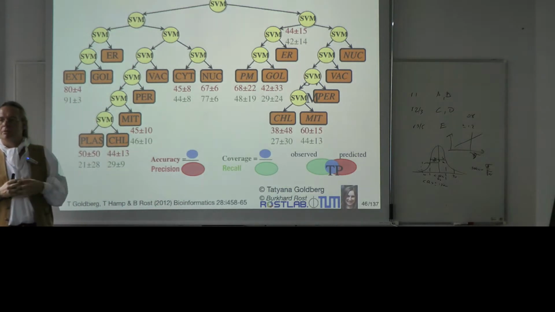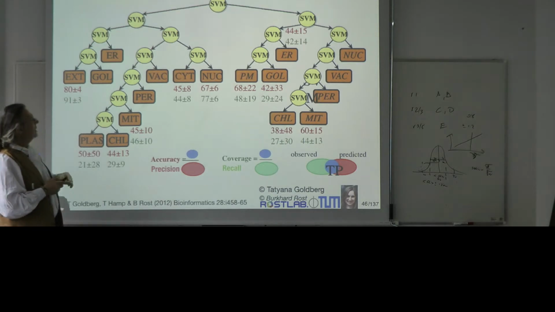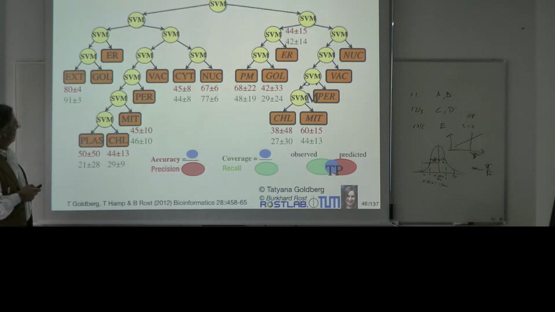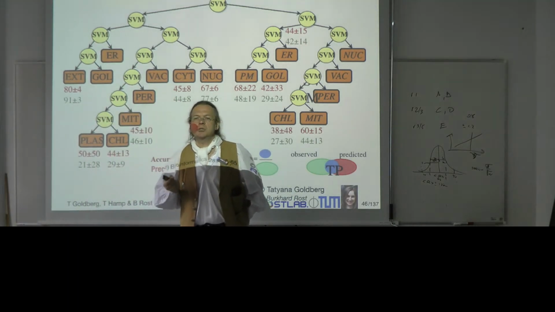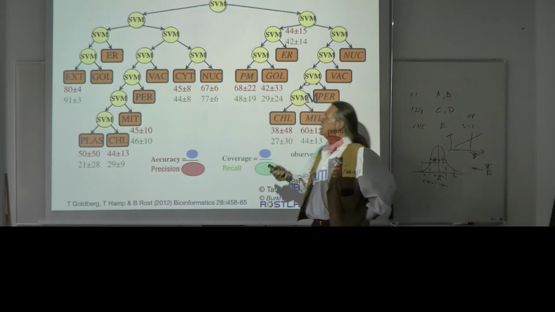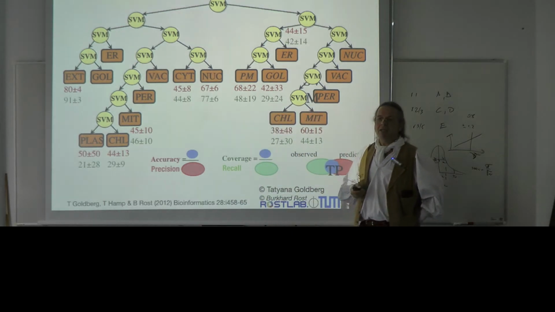And there's another issue. The other issue, best illustrated ultimately here, is Golgi versus ER. What happens here is that the decision is getting extremely difficult. So these are proteins that are increasingly similar in the way they look.